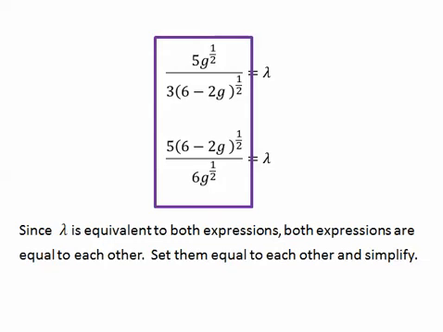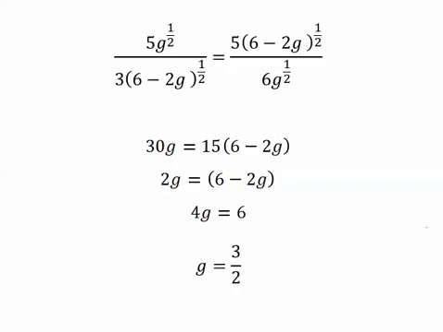So if one expression equals lambda, which is equal to a second expression, then those 2 expressions are equal to each other. I don't know if that made any sense, but hopefully the picture will tell you what I'm trying to say. So I set the 2 expressions equal to each other and I solve for g.